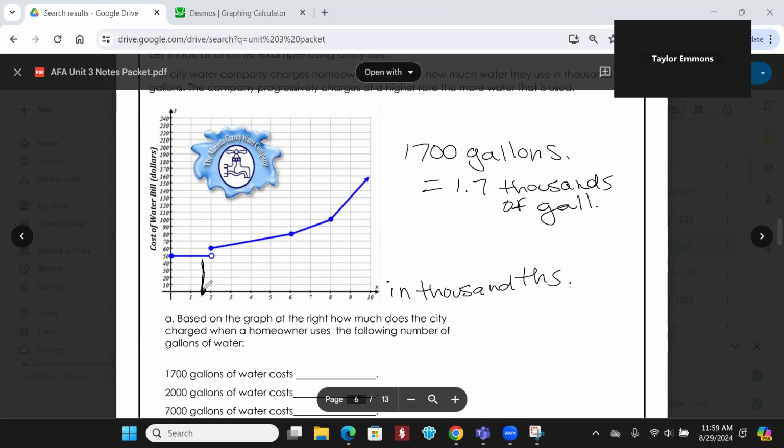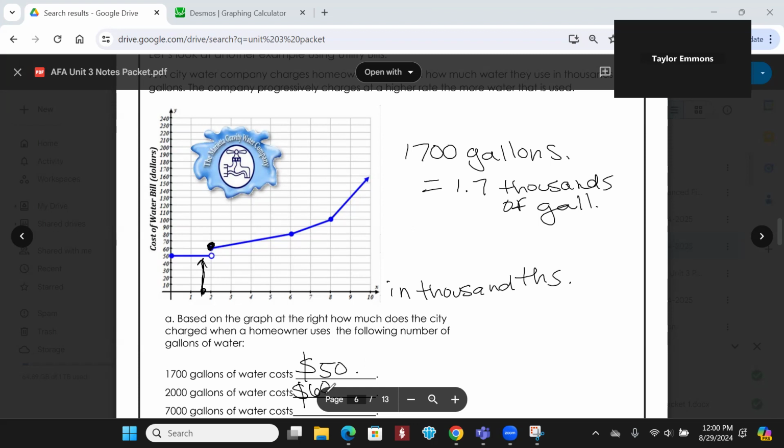And how much money does it cost me? 50. Okay. For 2,000 gallons of water, that would be converted to 2, right? At 2, the dark circle is where that point actually hits. Okay. So that's how much? $60.